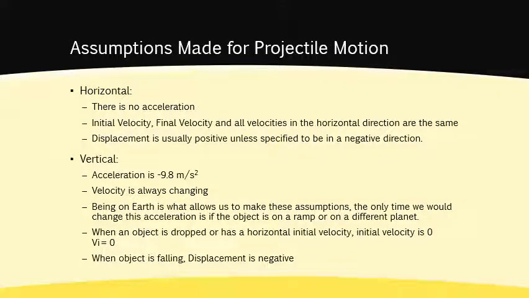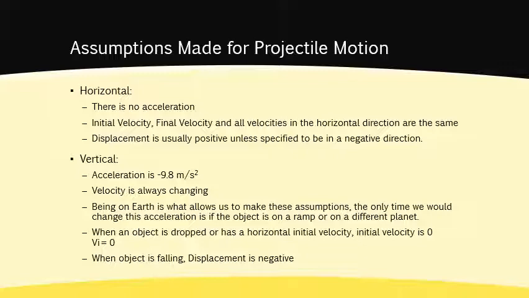So here are some assumptions made for projectile motion. In the horizontal direction, we're going to assume that there's no acceleration. We're in a perfect physics world where there's no air resistance, and therefore it doesn't cause your object to slow down when you throw it. The initial velocity and final velocity, and all velocities for that matter, in the horizontal direction are always the same.